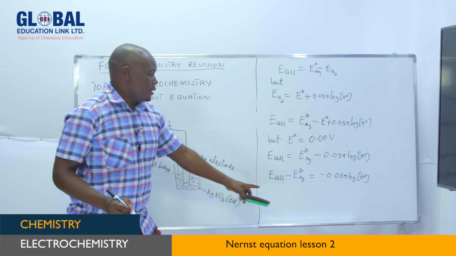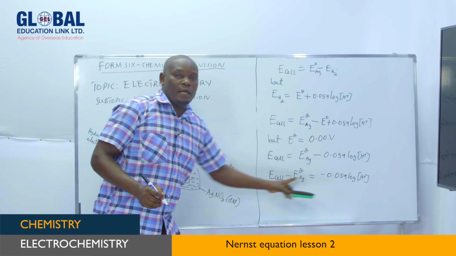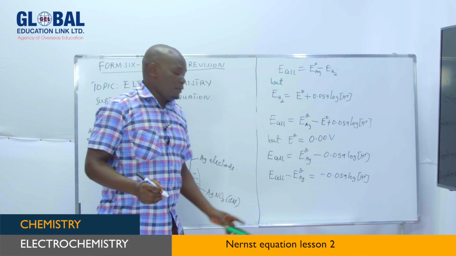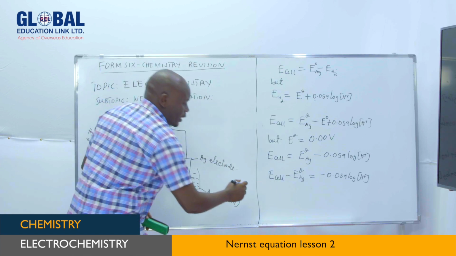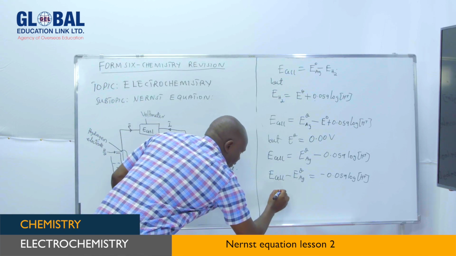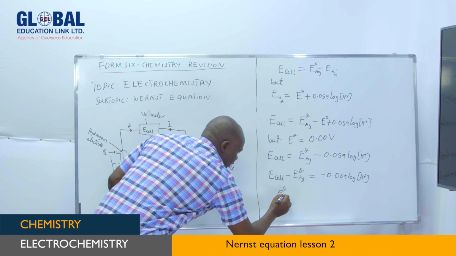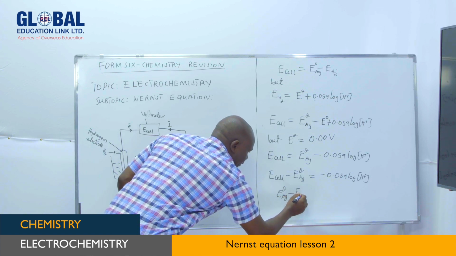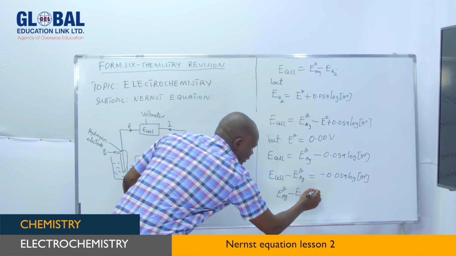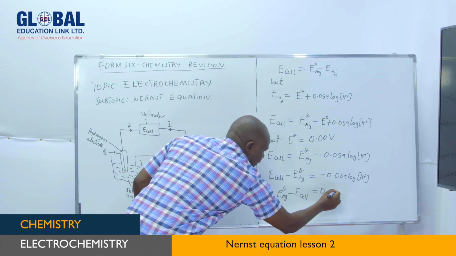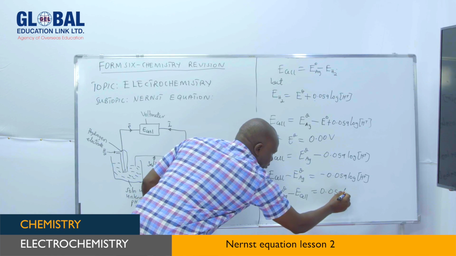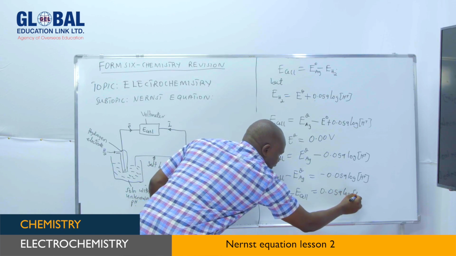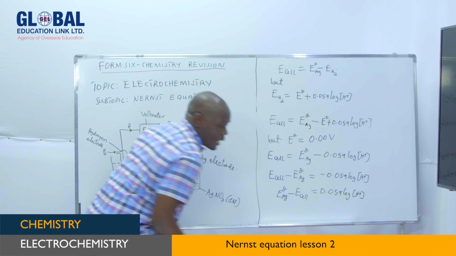If we divide by the negative sign throughout the equation, then we have E of silver minus E of cell equal to 0.059 log of concentration of hydrogen ions.